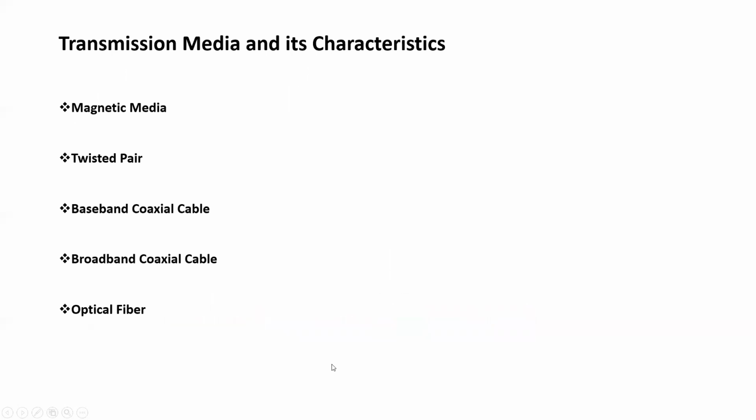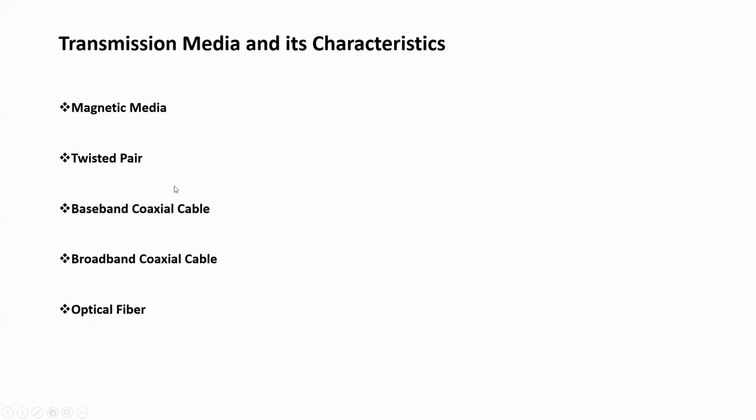First is the magnetic medium. It is the common way, like magnetic tape and floppy disks, which we use for transmission between computers. Next is the twisted pair.